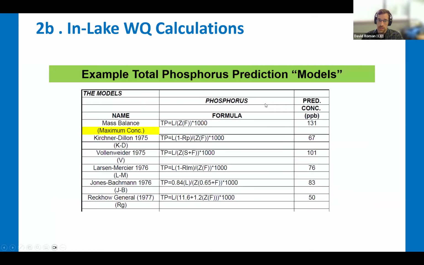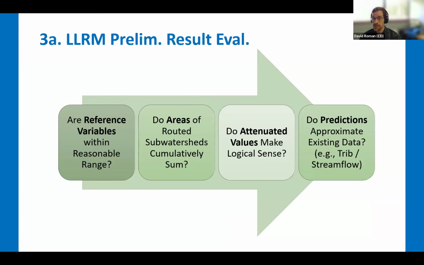So if I know that my watershed is 5 square miles, do all the areas of my routed watershed sum up to be 5 square miles? Did I use logic when coming up with the attenuated values? And then most importantly, do the model predictions approximate actual data, so either flow monitoring data or water quality data.